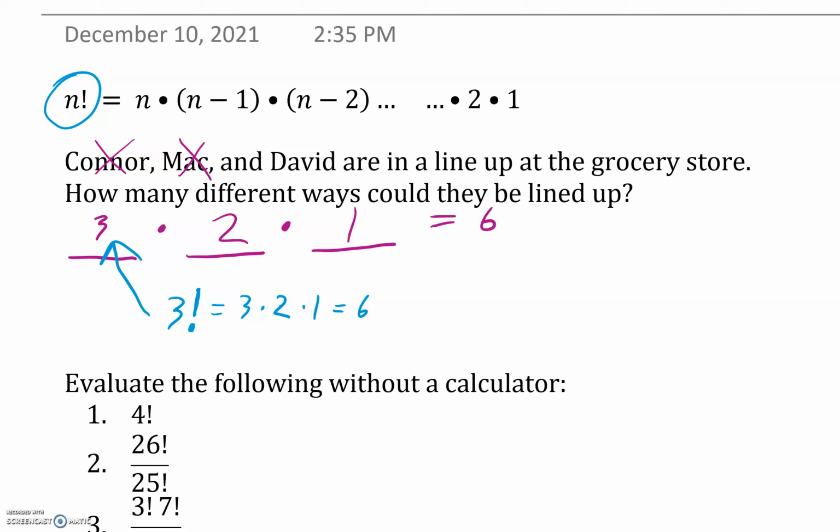Okay, how can we generalize this? Well, if we have a 3 here, or whatever the number is, maybe it's a 10 here, then our first number in our multiplication set is that number, but our next number is the 10 minus 1, right? Or 9. And the next one's 8, 7, 6, 5, 4, 3, 2, 1.